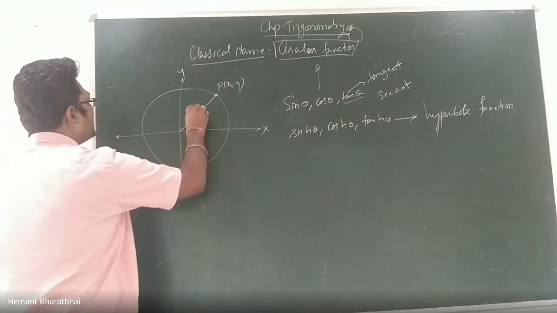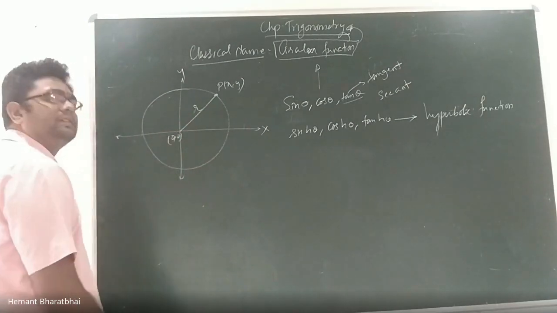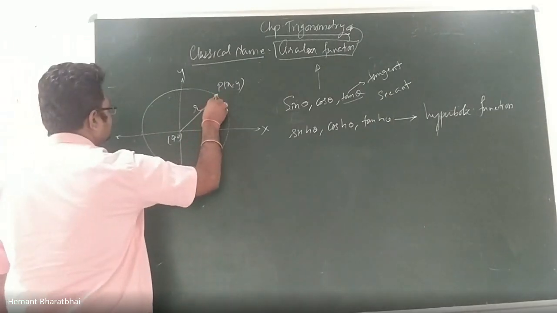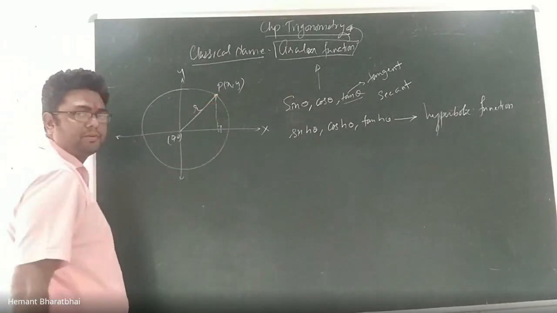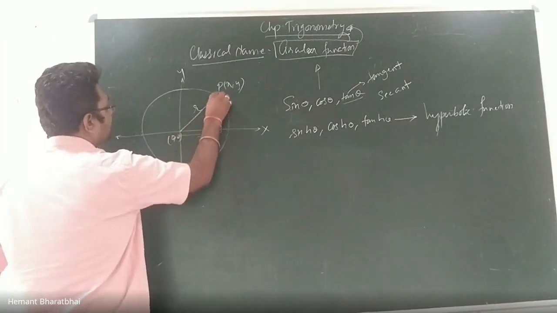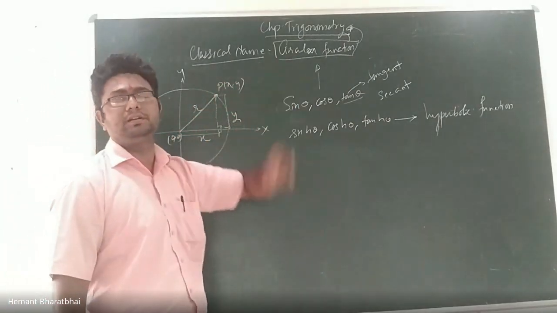Now let me connect this. If this is the center of the circle, obviously this distance is going to become the radius. Let me draw a perpendicular from here. When I write (x, y), this is nothing but x and this is nothing but y.